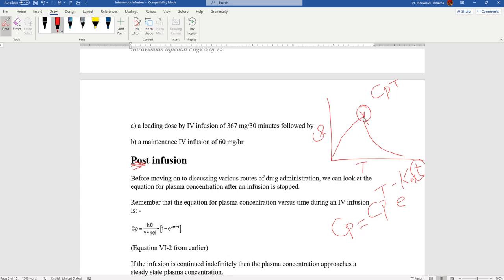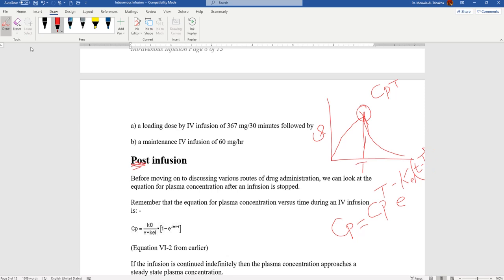It is the time from when I stopped. In order to say it's the time since I stopped, I have to replace this T with T minus T capital. Okay, this is what I need to do.